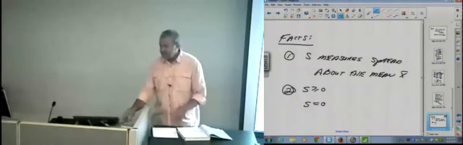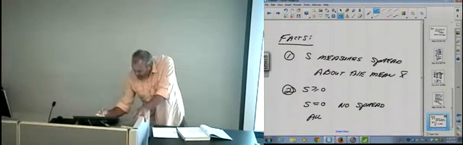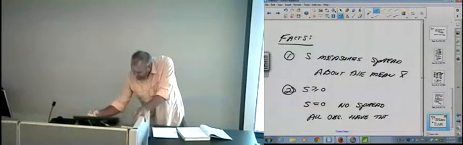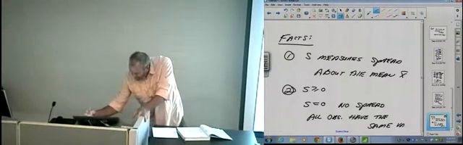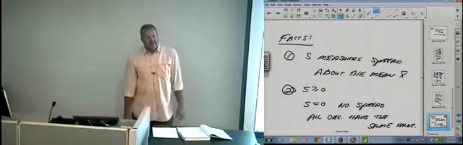That would mean no spread. All observations have the same value. That's the only way you get a standard deviation of 0.